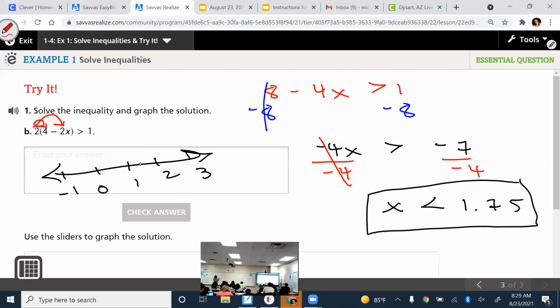And 1.75 is almost 2, right? So it's like right here. Open or closed circle, and pointing to the left or to the right? X is less than, remember? So it should go to the left. Numbers that are smaller than 1.75. Questions there? All right.